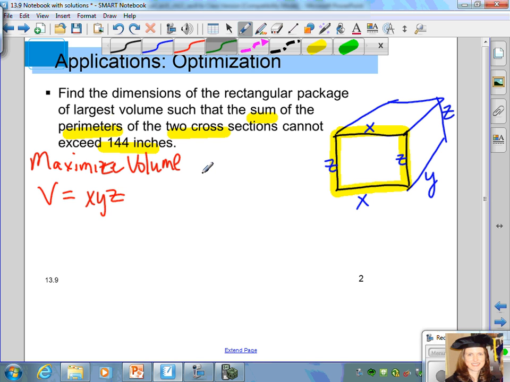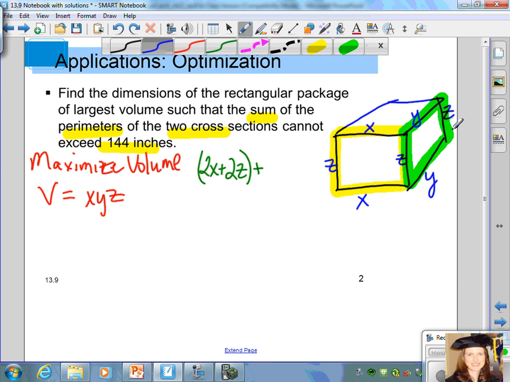So we can say 2x plus 2z, and we're going to add that to the perimeter of the other cross section. Let's look at the cross section looking at it from this way. If this side is y, then this is also y, and we know the heights are both z.